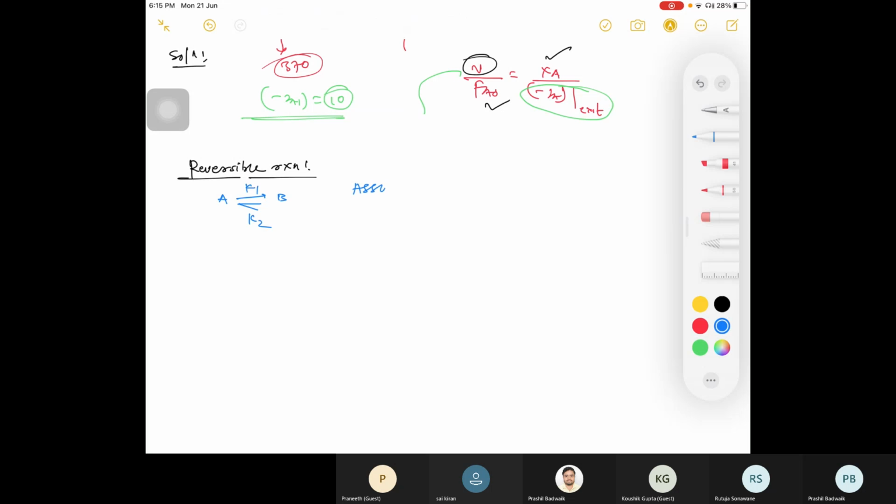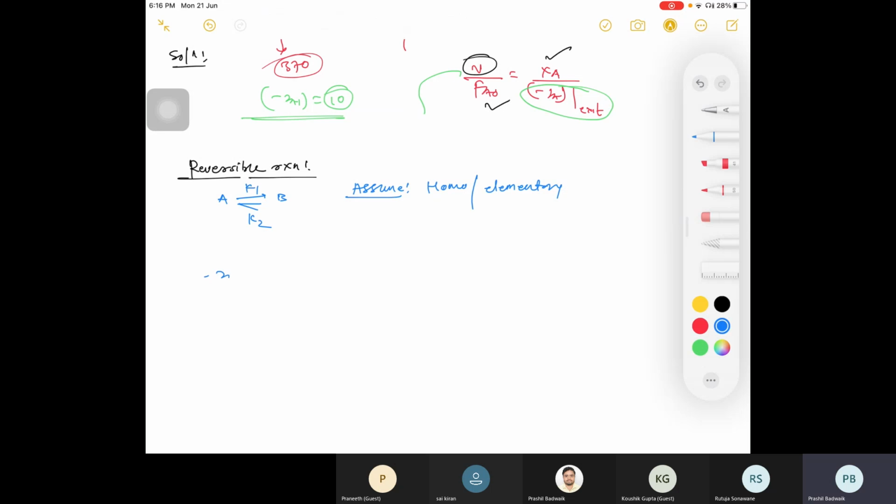Assume homogeneous, and second, elementary. Please write down the equation for minus Ra here and substitute in terms of the Arrhenius equation. It is temperature variation.